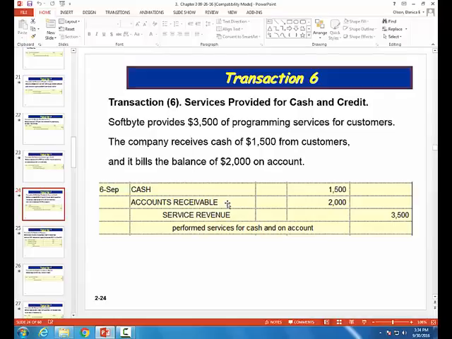This will increase accounts receivable, so we debit accounts receivable for $2,000. We provided a service. Service revenue increases. To increase the revenue account, we credit $3,500. Our description, perform services for cash and on account.